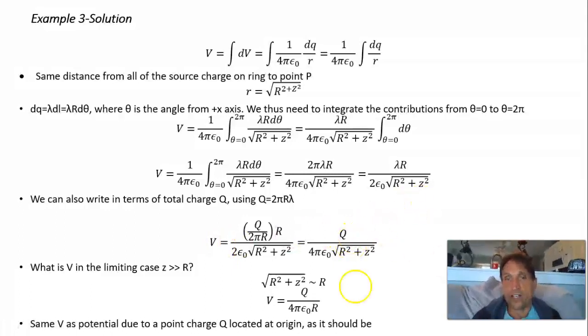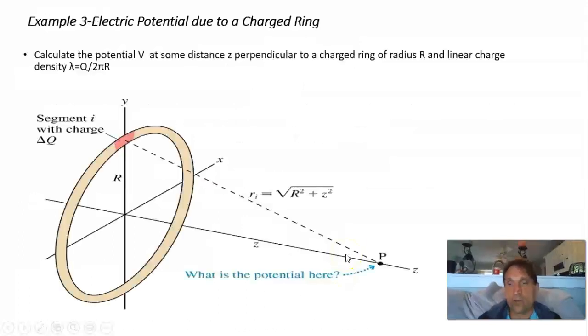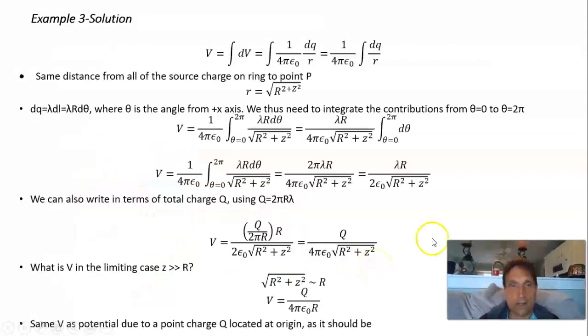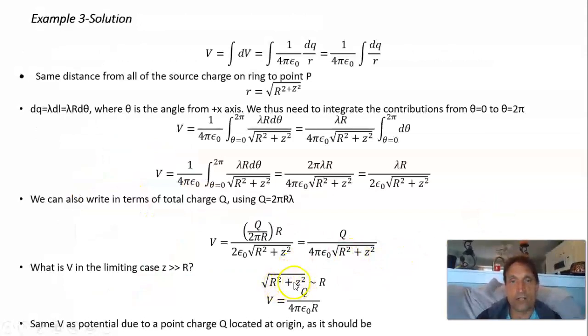Just like we did in chapter 3, we can evaluate this if we get very, very far away. In other words, z is so much larger than r that we're very far away from the ring. In that case, r squared plus z squared is roughly z squared. I screwed up again. So this is equal to z.